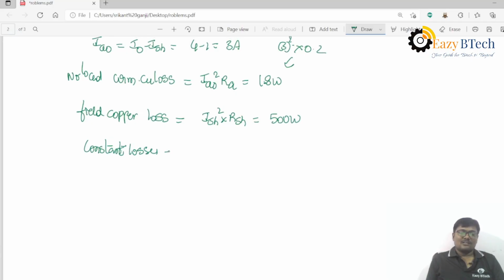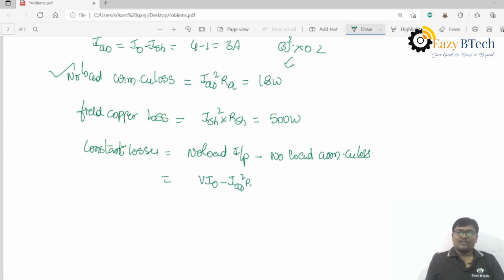Constant losses is equal to no load input minus no load armature copper loss. What is the no load input? V into I naught. No load armature copper loss is IA naught square into RA. The no load input I got as 500 into 4, that is 2000.